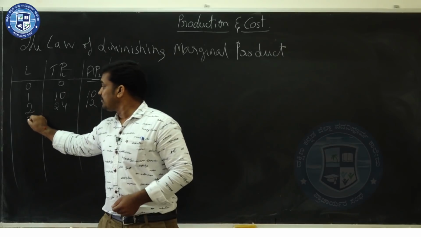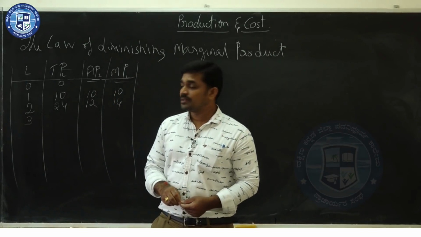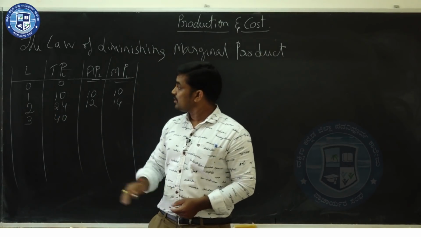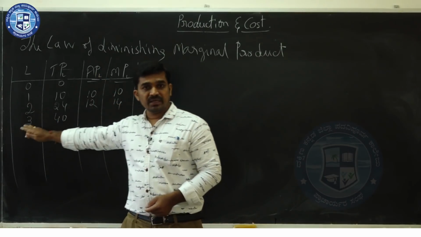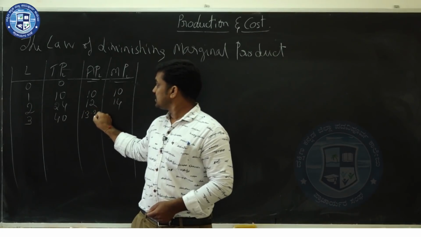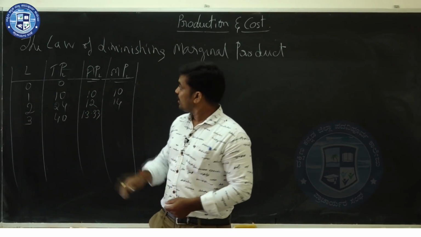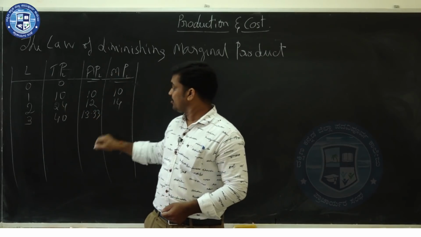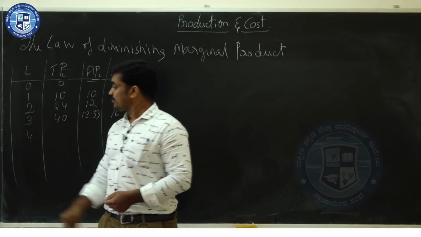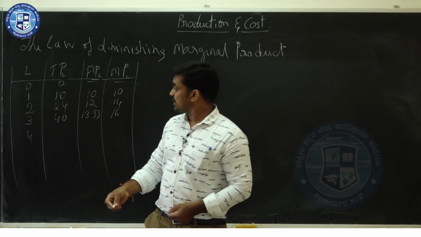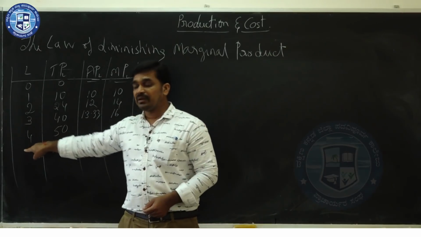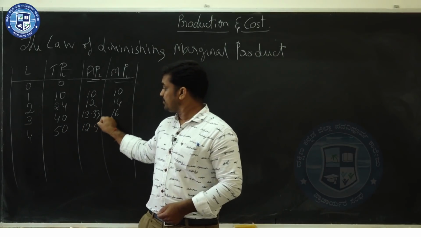Then we write third unit of labor, total product increases to 40. Now average product means TP by L, 40 by 3. We get the answer 13.33 and marginal product 40 minus 24, 16. Then 4 units of labor, now total product increases to 50, average product 50 divided by 4, 12.5.